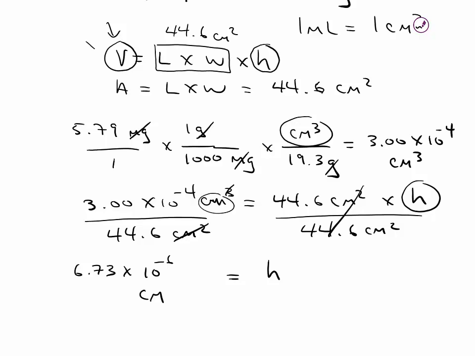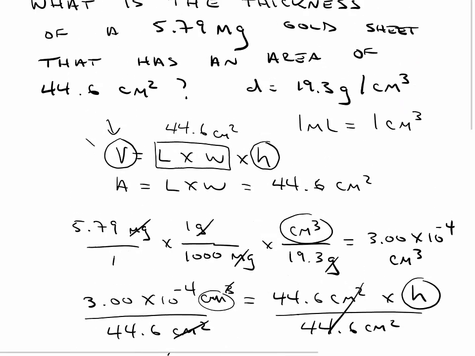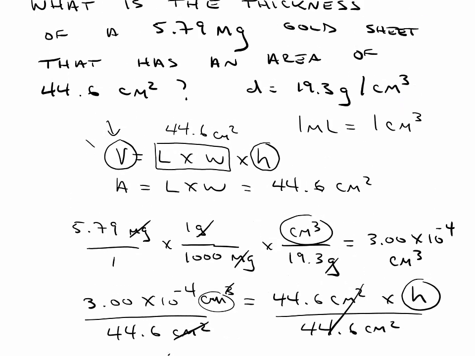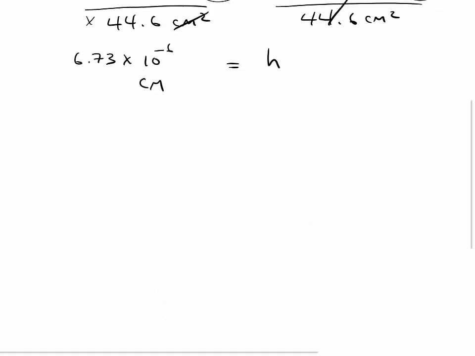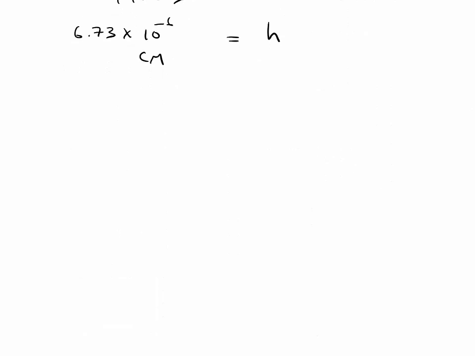And that is the height or the thickness of this piece of gold. It is 3 sig figs because we were given the fact that we had 5.79 milligrams of the starting material, and they also gave us 3 sig figs here. So the entire problem was working with 3 sig figs. 3 sig figs here, 3 sig figs here, and down here, 3 sig figs divided by 3 sig figs gives us the 6.73 times 10 to the negative 6.